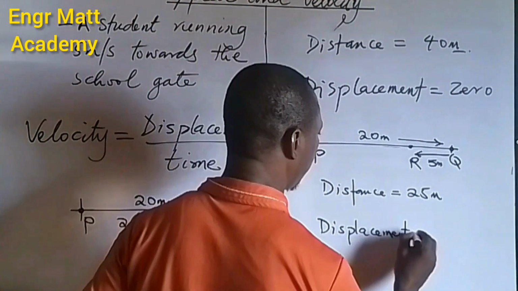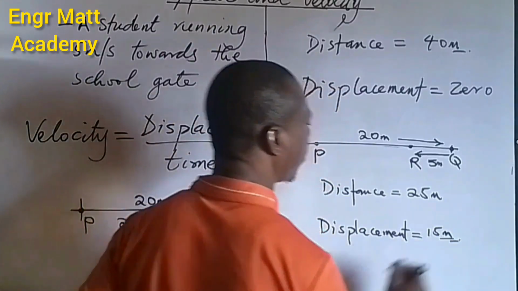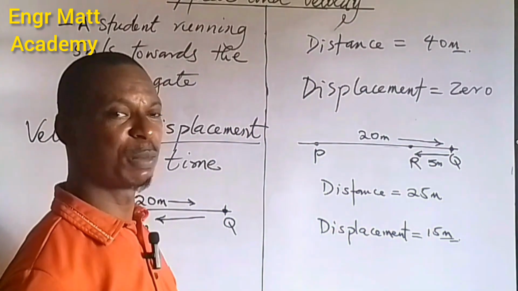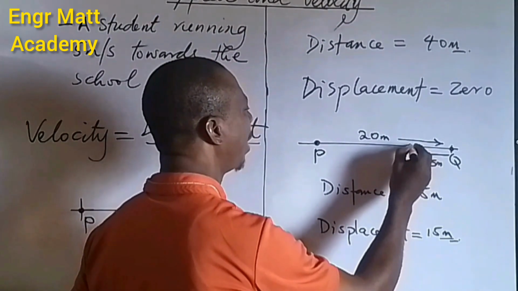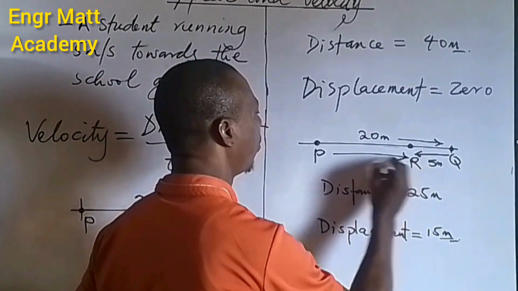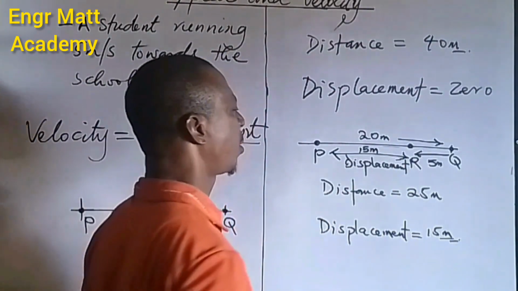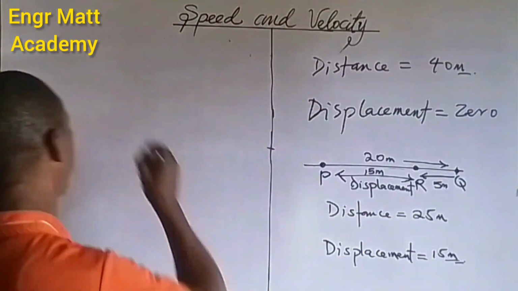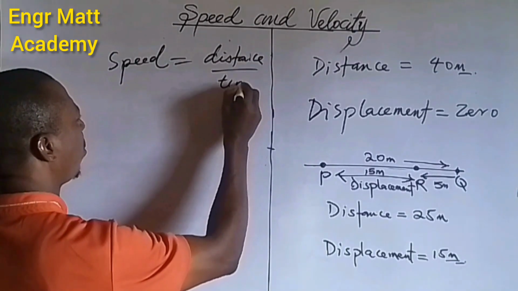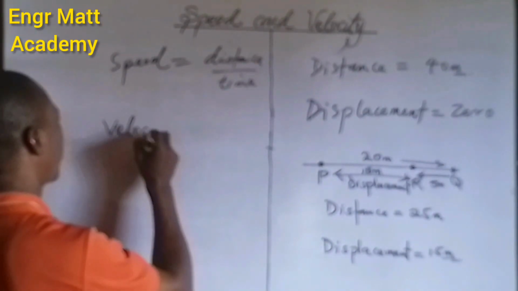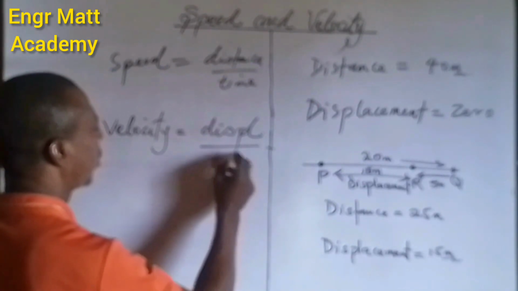Displacement is equal to 15 meters, because the actual displacement is from P to R. That is the displacement, 15 meters. Recall that speed is distance over time, whereas velocity is displacement over time.